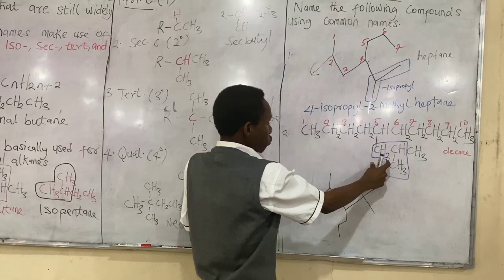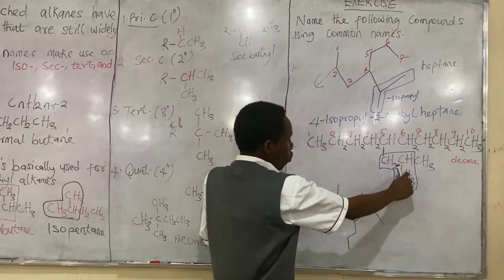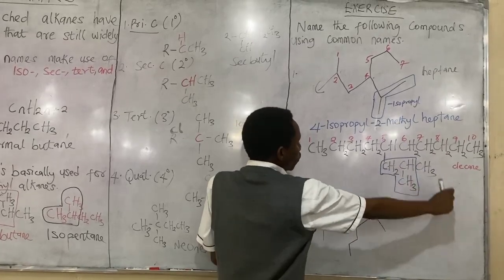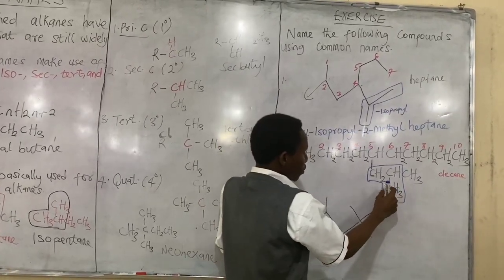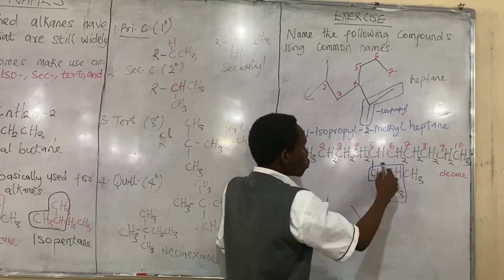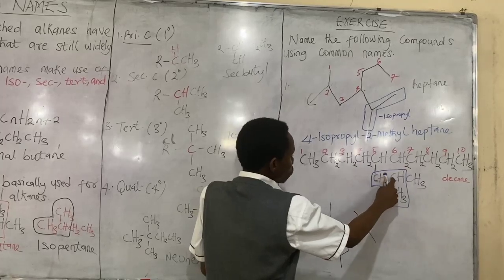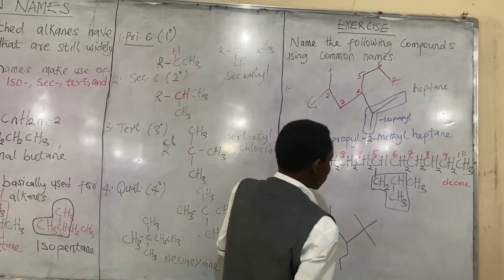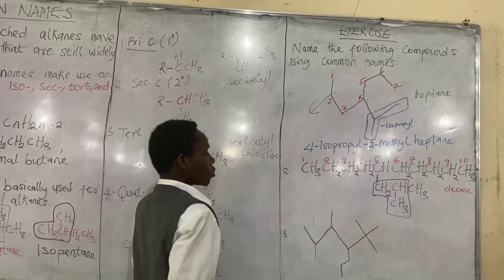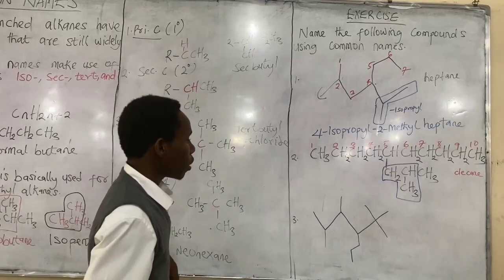This is the iso, because we have this methyl group on the second carbon of this chain. Since we recognize that this is iso, then we count the total number of carbons in this substituent: 1, 2, 3, and 4. 4 stands for butane. So this is isobutyl.